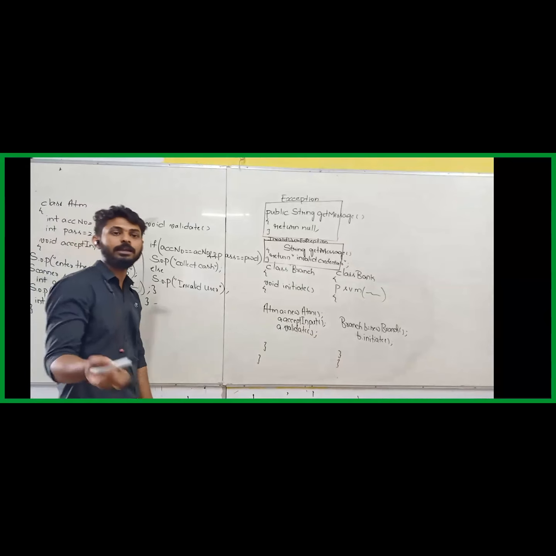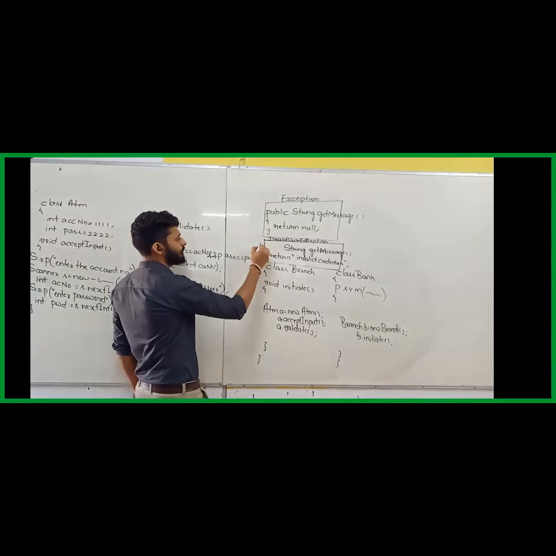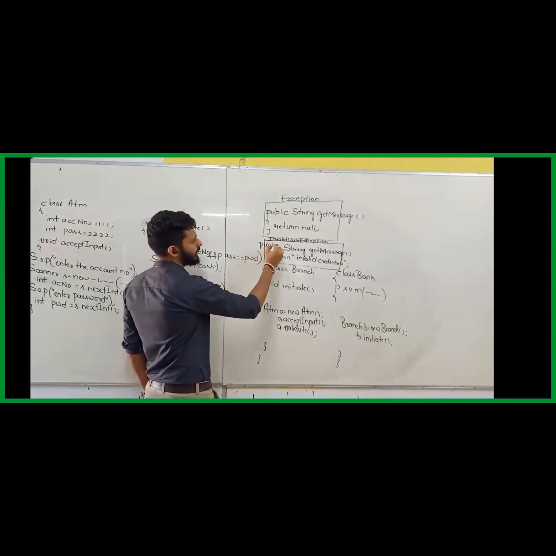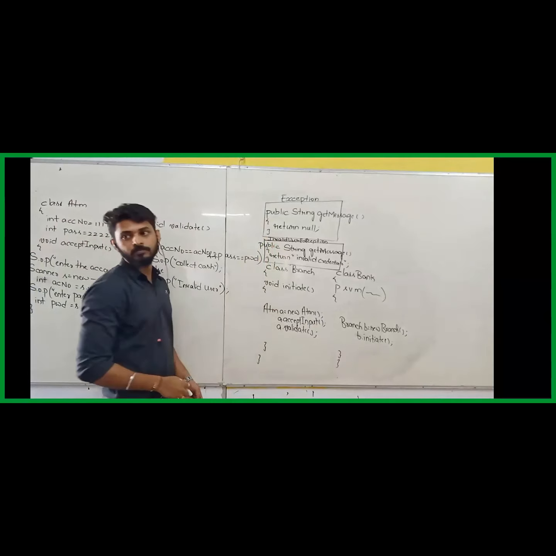Was public, so an error came. So here what should I do? It should be public. Why? In the parent class it is public. Can we reduce the visibility? No. If you want, you can increase it, but you can never reduce it. Clear?